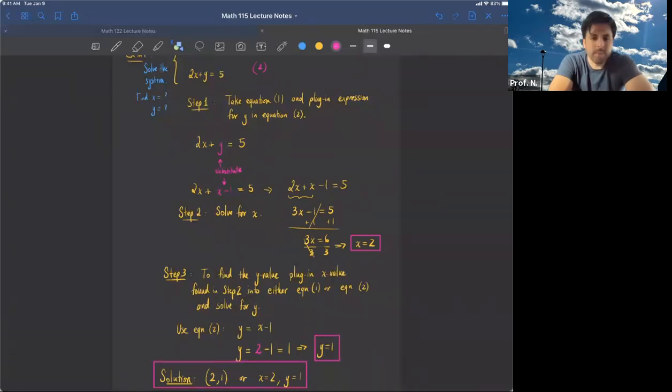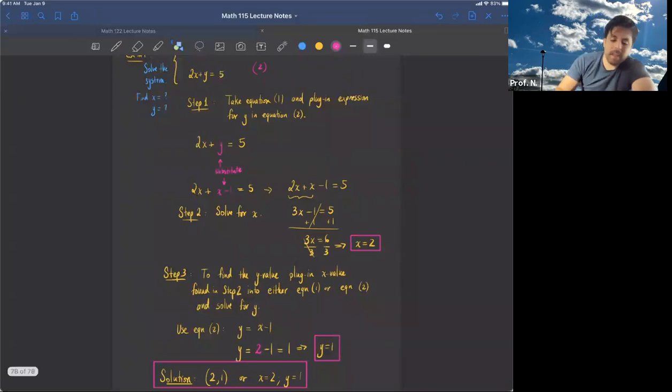We used just algebra. We found x first by substituting the y expression into the second equation in terms of x, and then we solved the equation for x. And once we got the x value, we plugged it into equation number 1, and we figured out the y value.